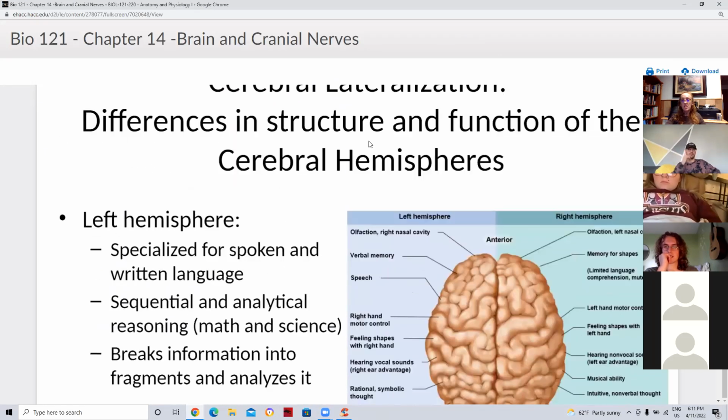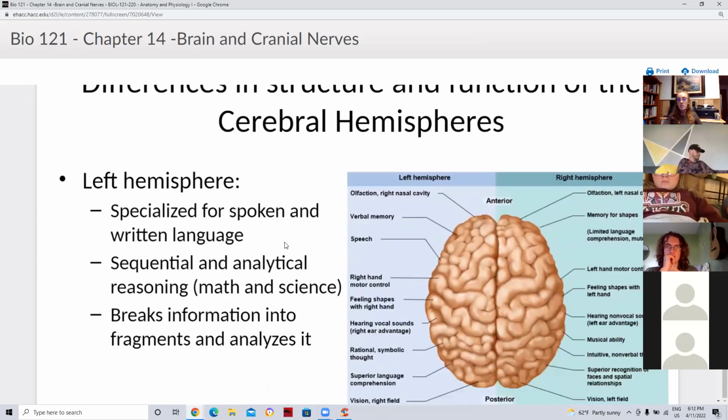So, differences in the structure and function of the two hemispheres. The left hemisphere tends to be more specialized for spoken and written language, sequential and analytical reasoning, math, and science, and breaks the information down into fragments and analyzes it.